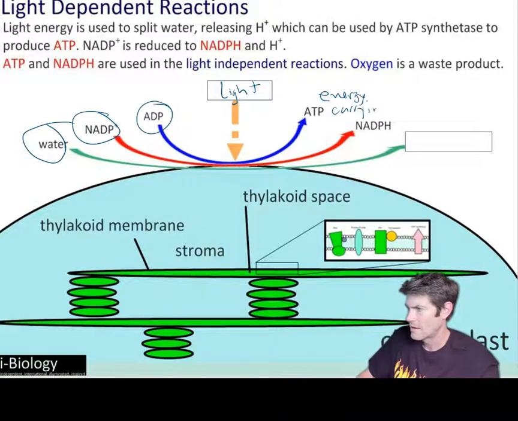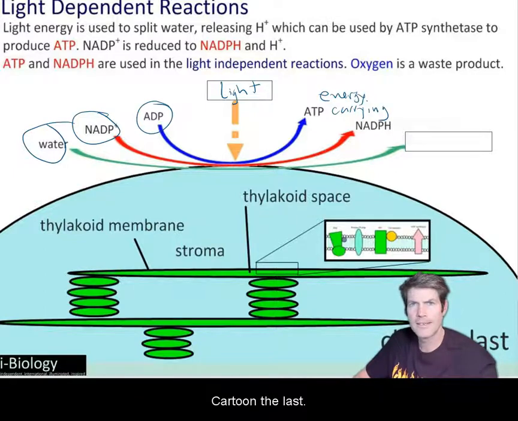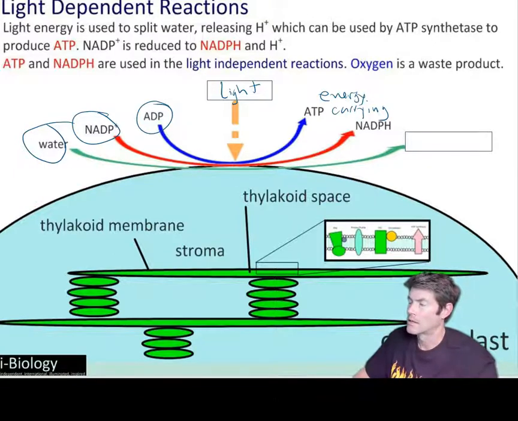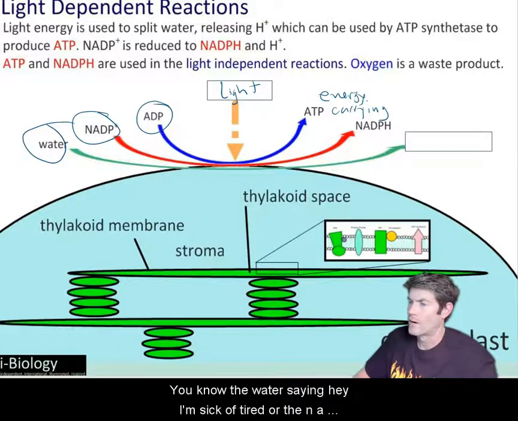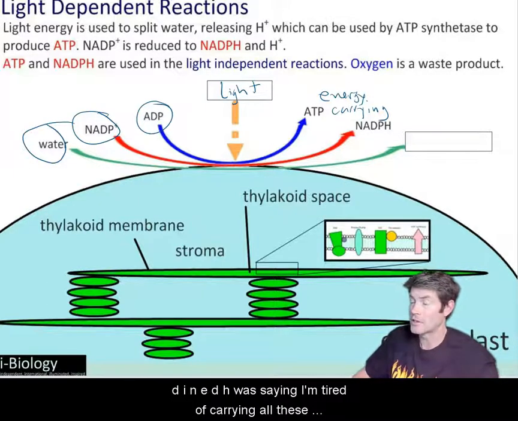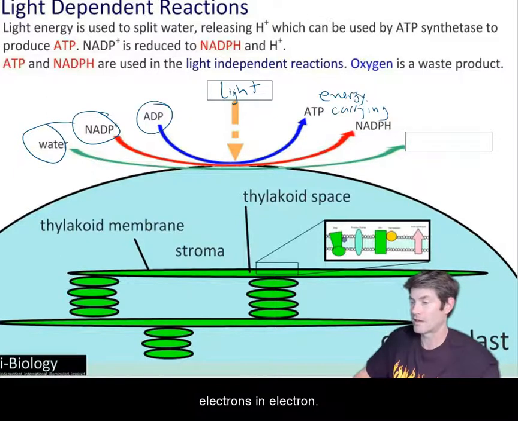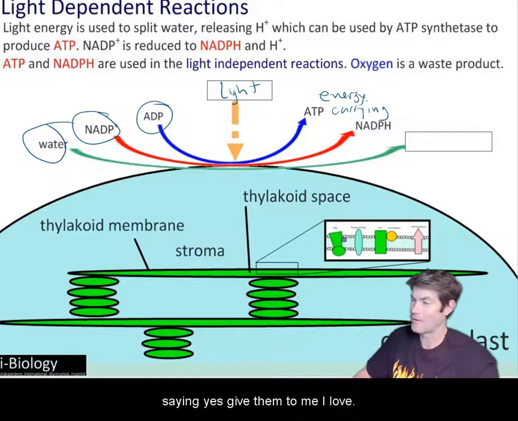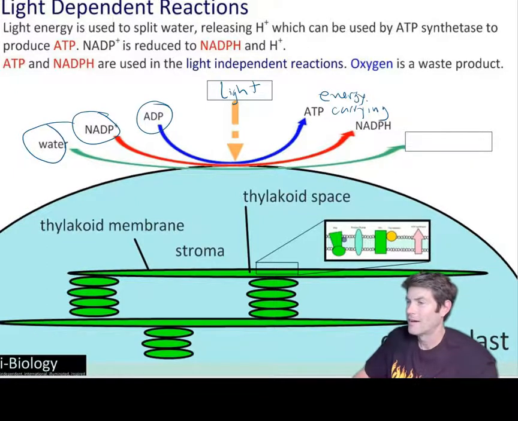Remember, there was that little cartoon in the last set of videos, I think it was 8.2, where the NADH was saying, I'm tired of carrying all these electrons. The proteins in the electron transport chain are saying, yes, give them to me, I love them.